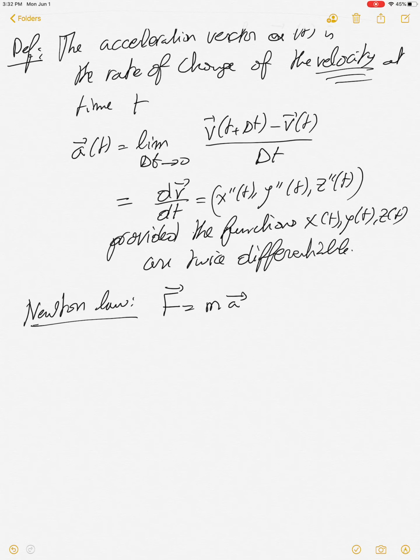So the acceleration is in the direction of the force. Well, it might not have any force, and the acceleration might be 0. And if there's a force, the direction of the force can be deduced from the direction of the acceleration. And this is Newton's law. Here, m is the mass of the particle.